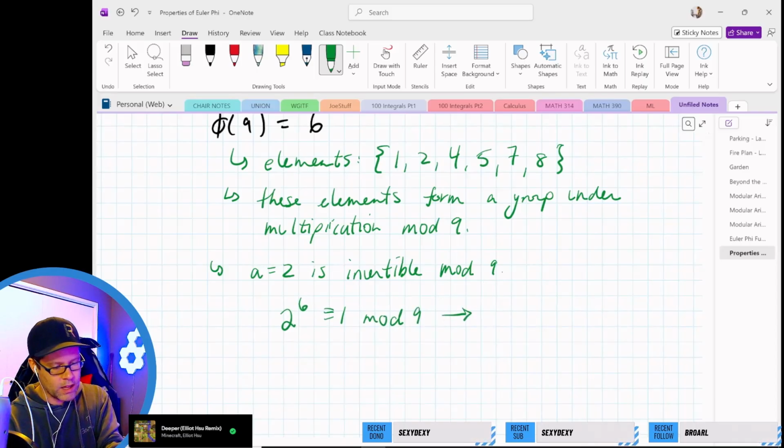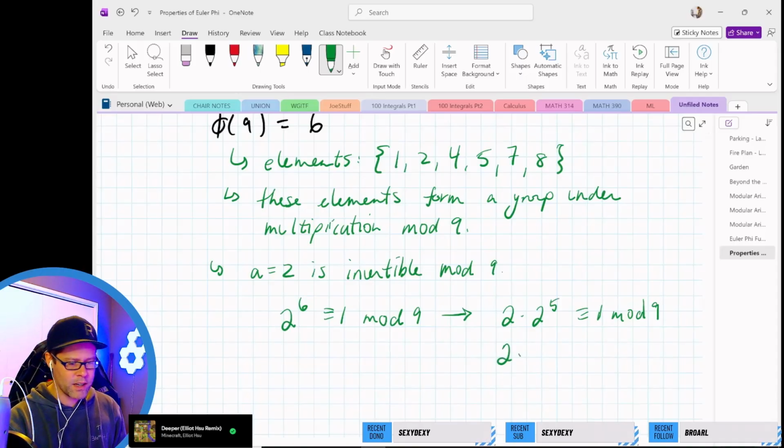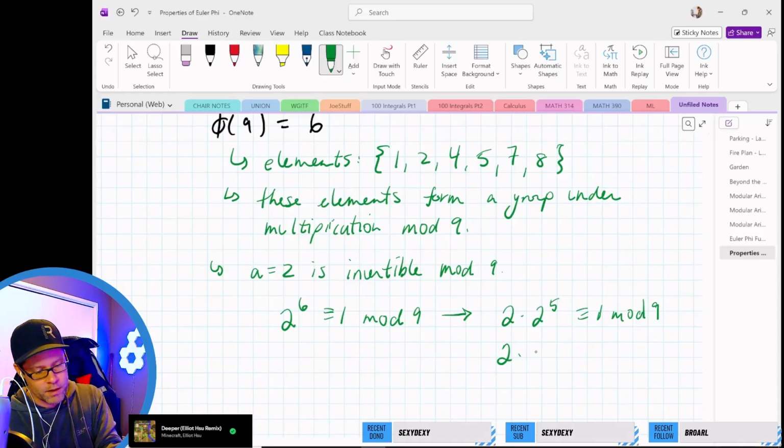So this would imply that 2 times 2 to the 5 is congruent to 1 mod 9. 2 to the 5 is 32, and if I divide by 9, the closest I can get is 27. So that's going to give me the element 5.